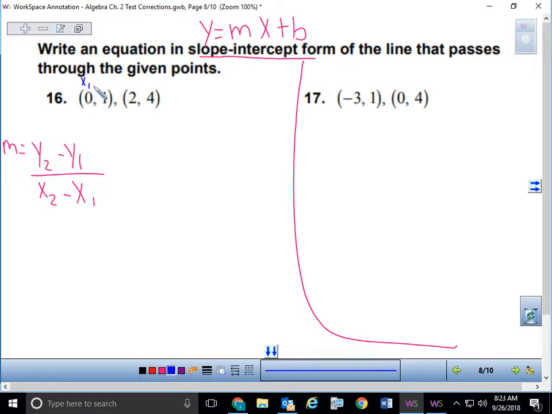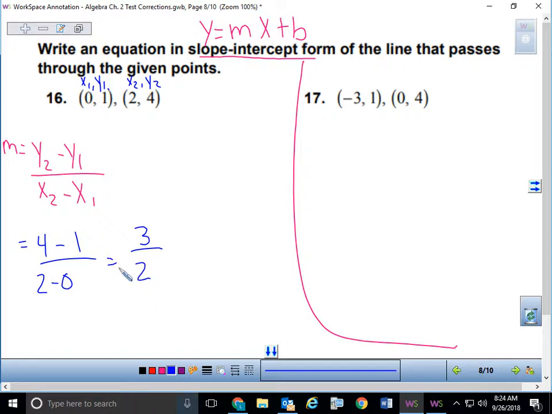I'm just going to go left to right. So 0, 1 is my first point, 2, 4 is my second. If I just plug that in, this gives me 4 minus 1 over 2 minus 0. 4 minus 1 is 3. 2 minus 0 is 2.